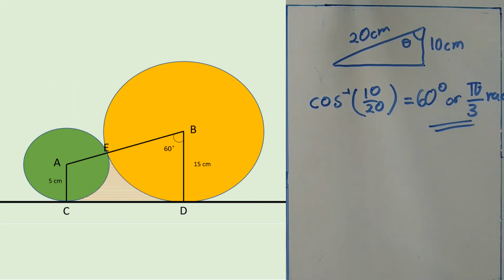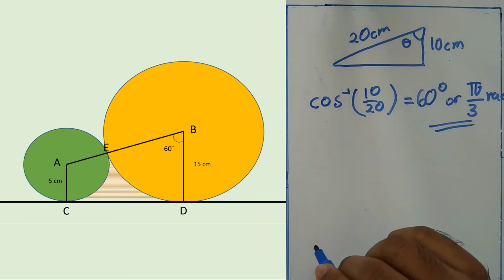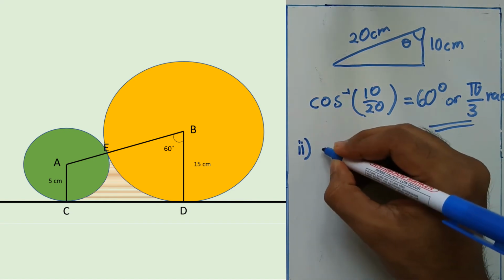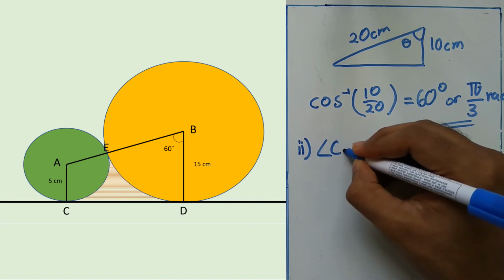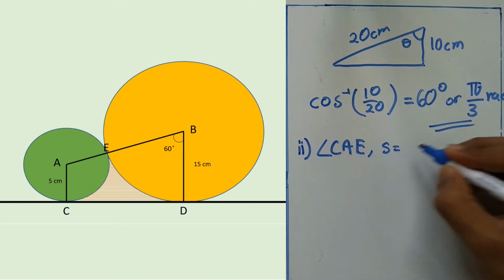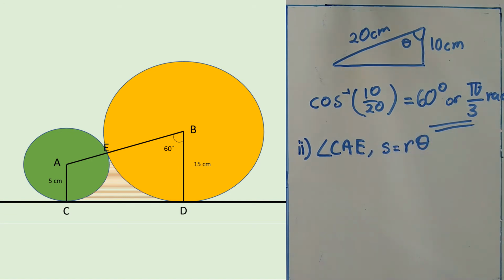In the second sub-question, we need to obtain the angle CAE and use the arc length formula S equals R theta. Angle CAE can be obtained from the total angle of the trapezium, which is 360 degrees.